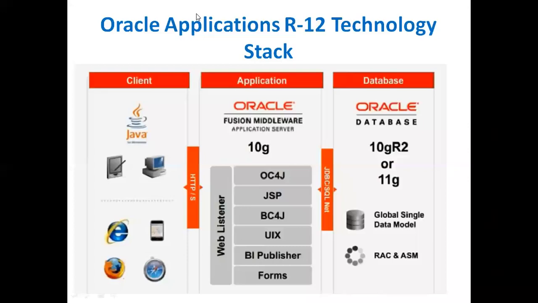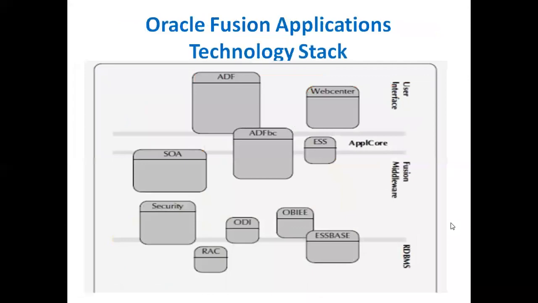So when it comes to the technology in Oracle applications, release 12, the technology was a three-tier application: client, application and database. And when it comes to the Oracle Fusion applications technology stack, here we can see the user interface, Fusion middleware, and RDBMS database.